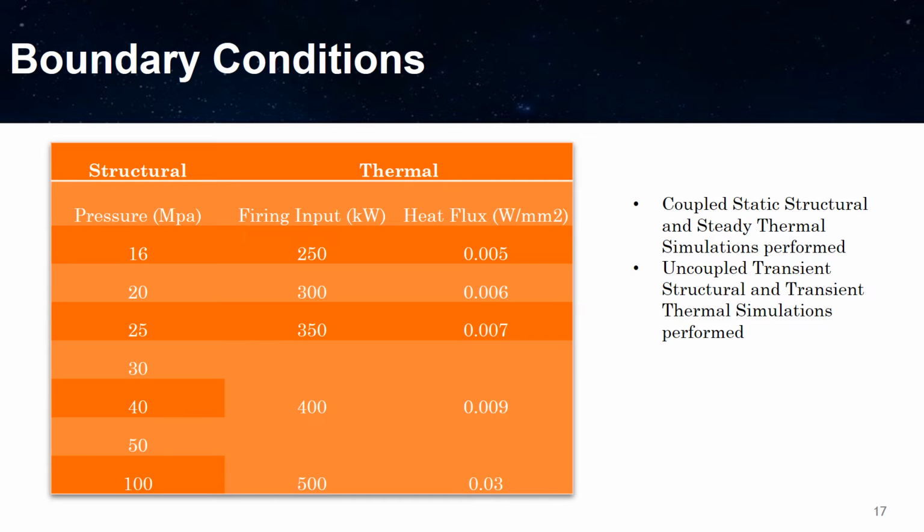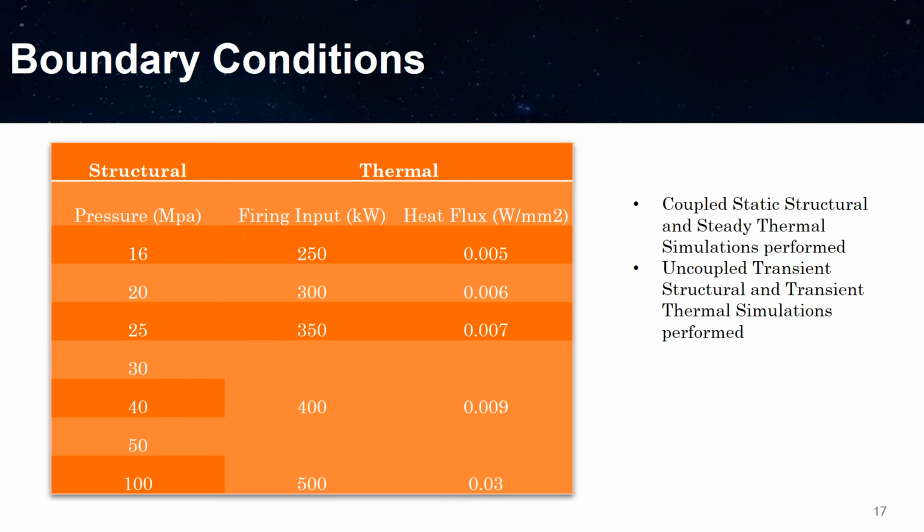For the loading conditions for structural, we went up to 16, 20, 25, 30, 40, 50, and 100 mega... I'm sorry, that's a typo. It's going to be in bar, so that will actually be 1.6 megapascal all the way to 10 megapascal.